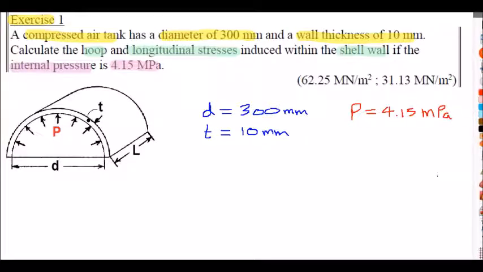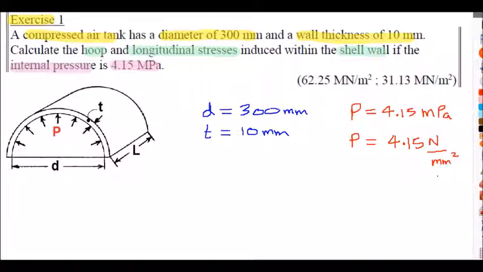But if you go back to our unity brackets, you'll find that can be converted to a pressure of 4.15 newtons per millimeter squared. These are conversions we need to try and get familiar with if we can. So I'm going to use that value in my calculations, so my stresses will come out in newtons per millimeter squared.